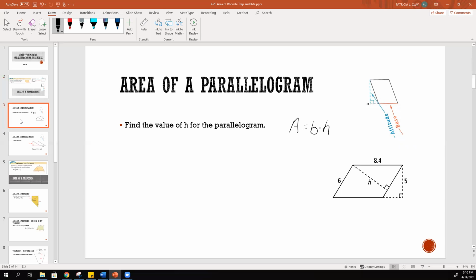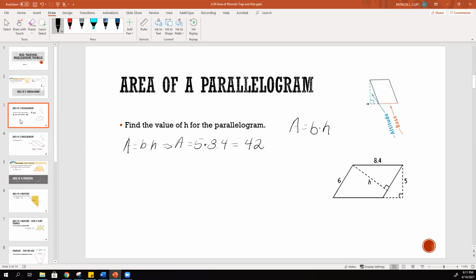Also, if we rotate this, this is actually our base, and we can make this our height. So we can say area is equal to base times height, and we're going to plug this in and say area is equal to 5 times 8.4. That gives us 42, okay?